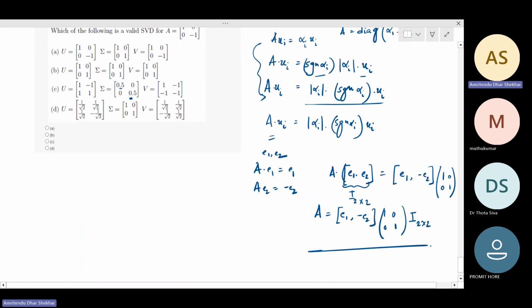The squares of the singular values are the eigenvalues of A transpose A. But the eigenvalues of A transpose A need not be distinct. So you can have one eigenvalue whose eigenspace is of dimension greater than one. Basically, that eigenvalue may be a repeated eigenvalue.